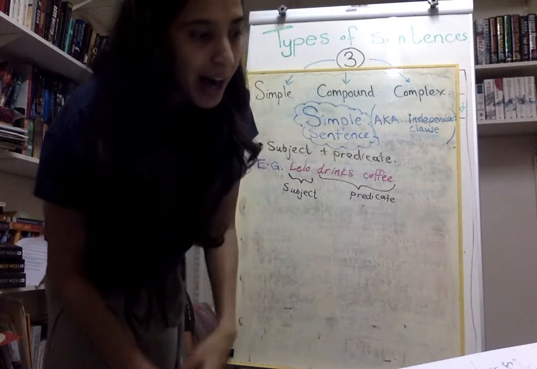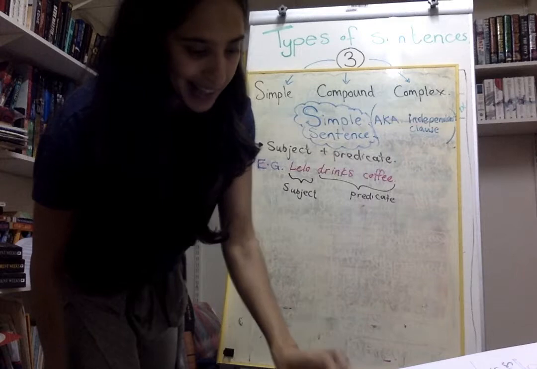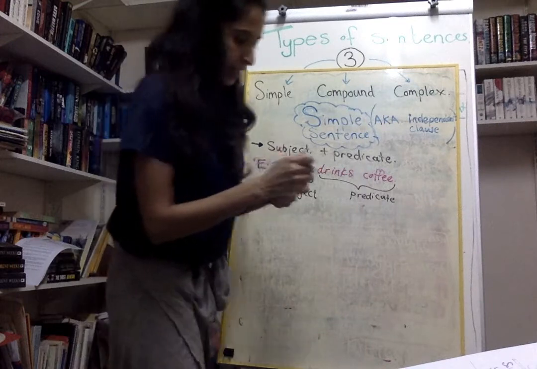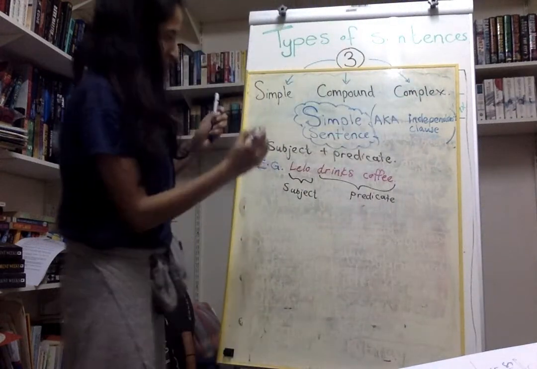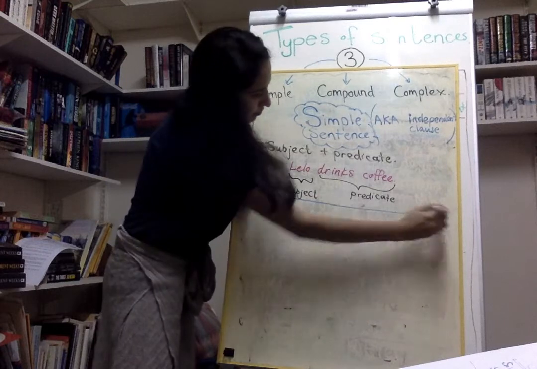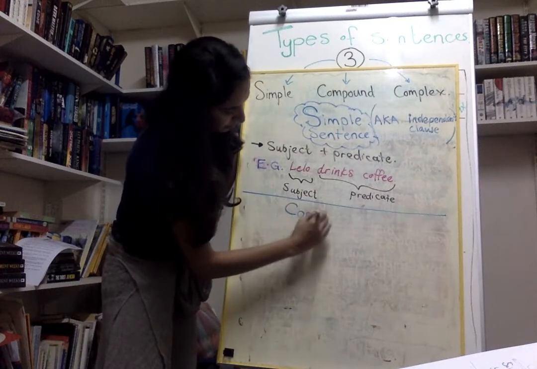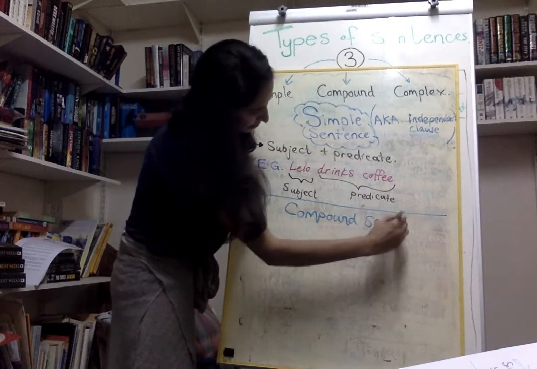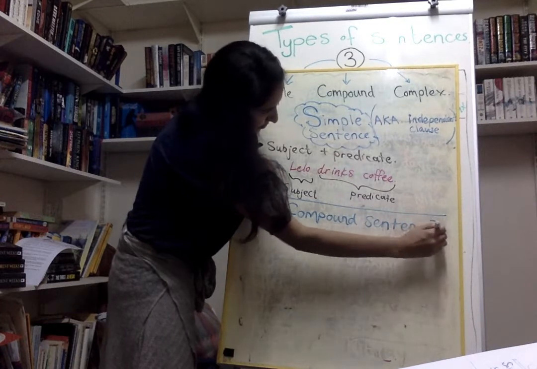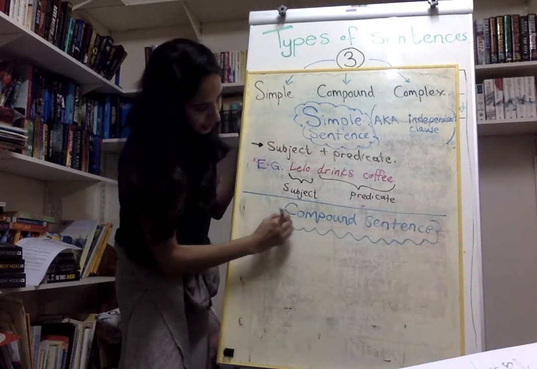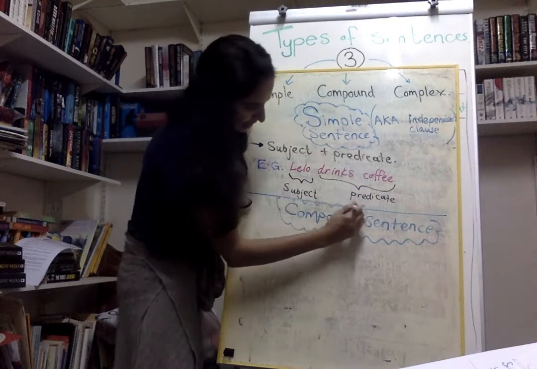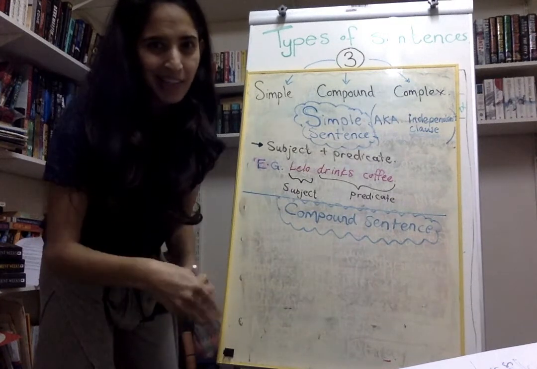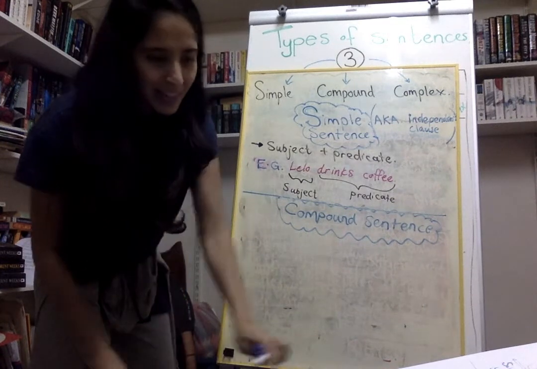It is simple. Then we get compound sentences. Now, a compound sentence has 2 simple sentences in there, 2 independent clauses.